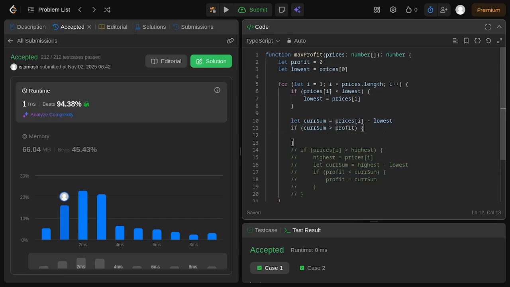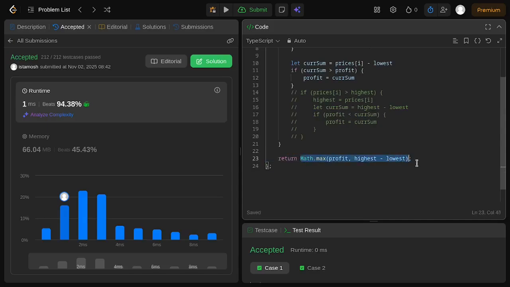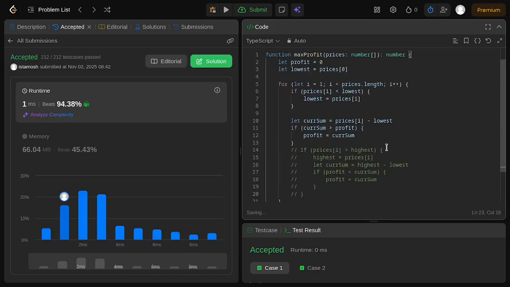If it is, then we need to assign the new profit with the current sum. And for the return, we have to return the profit right away. We don't have to worry about the lowest with the highest because the highest is no more, and we can just compare the lowest with the profit variable right here.